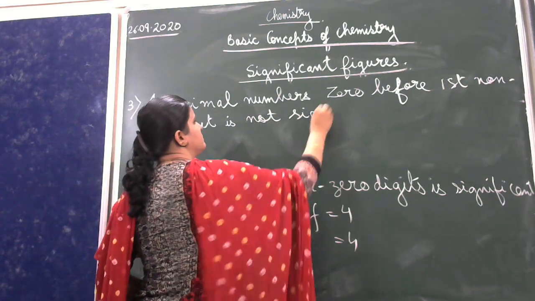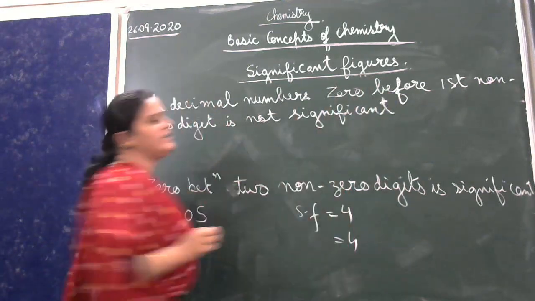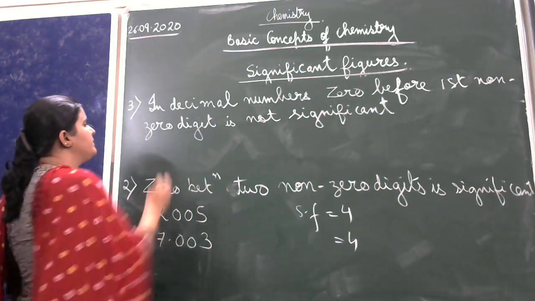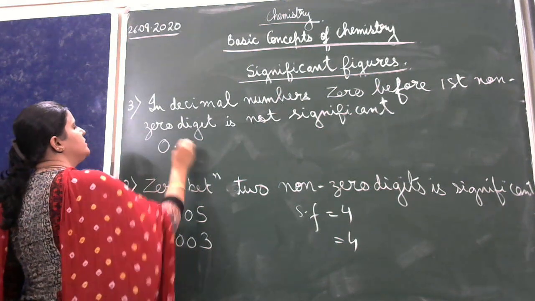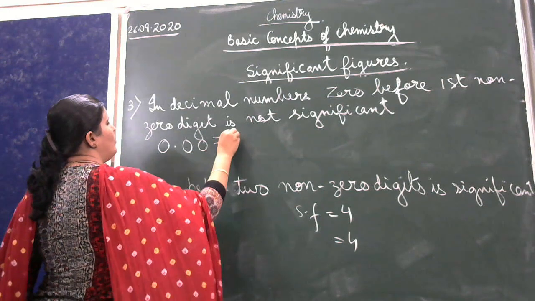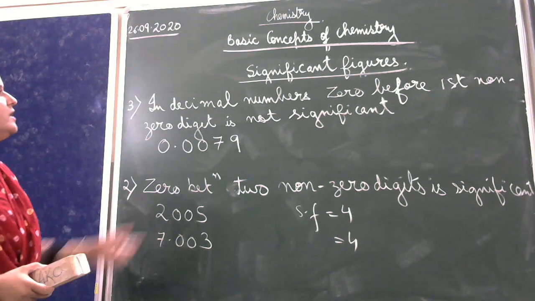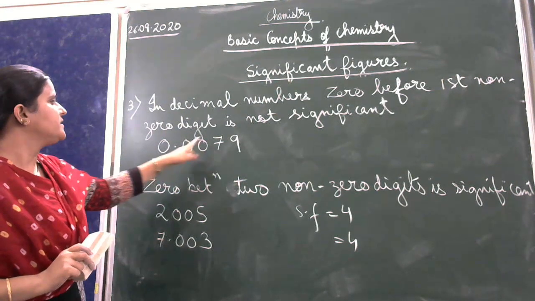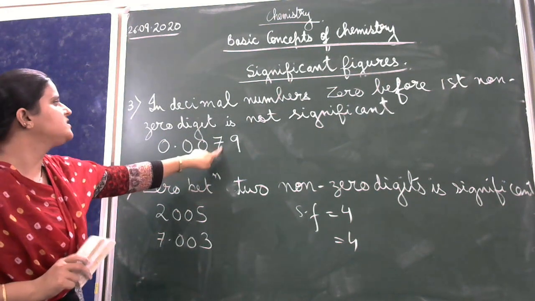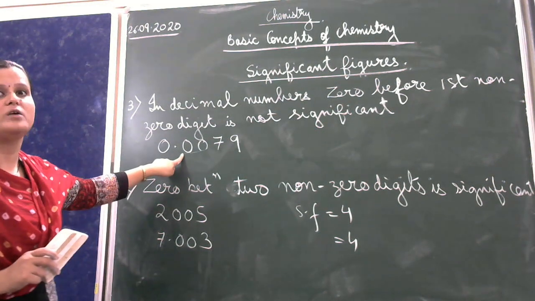Now what does it mean? I'll take an example again. Suppose I am taking 0.0079. This is a decimal number. So what does this rule say? The zeros before the first non-zero digit are not significant.